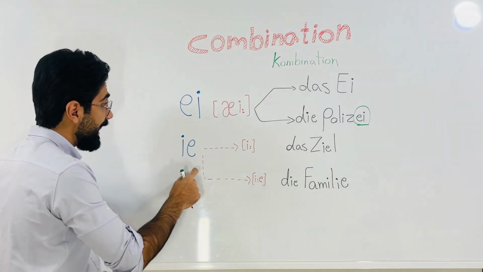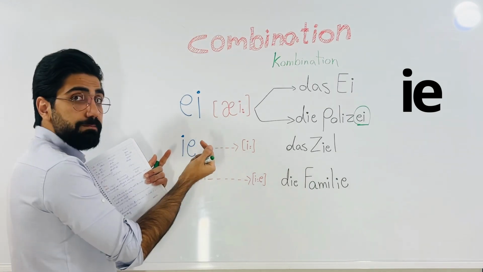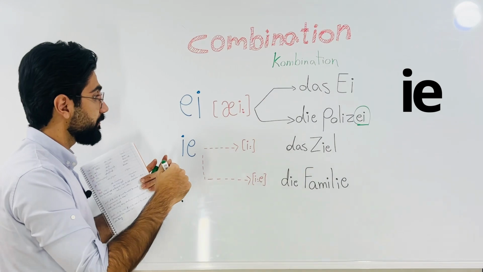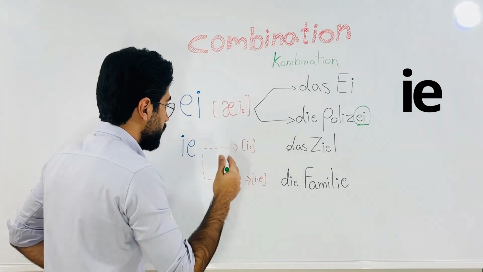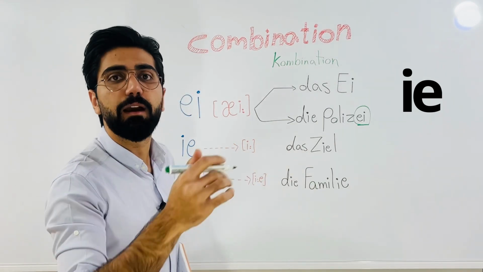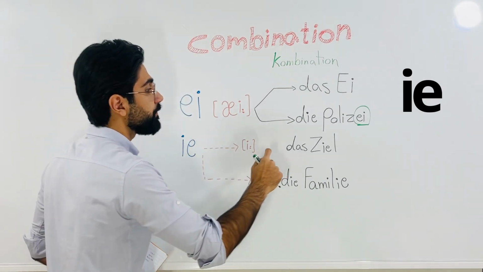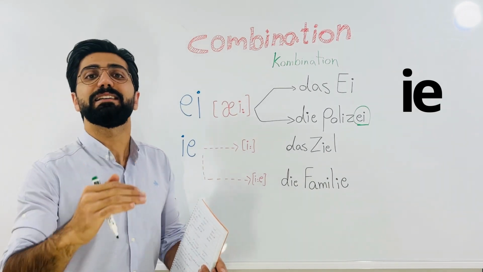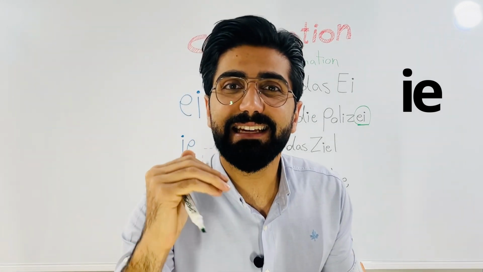And the next combination is a combination between I and E. We can pronounce it in two different ways. At first, we can say it like a long E. For example, das Ziel. Repeat after me: das Ziel.